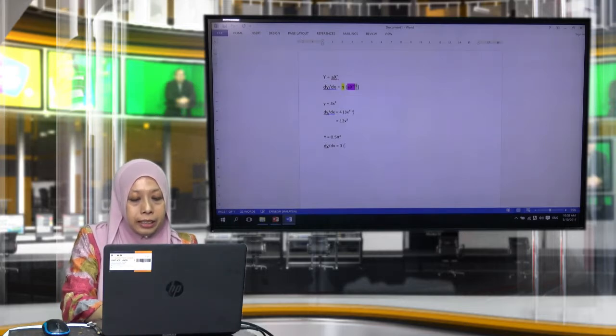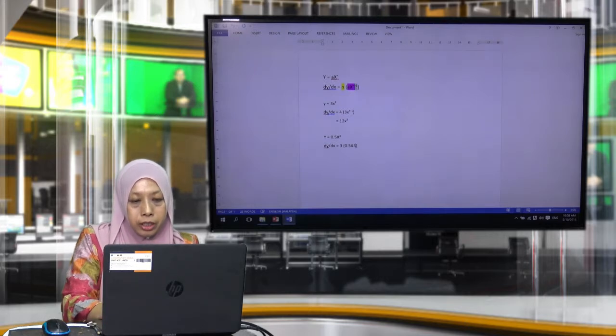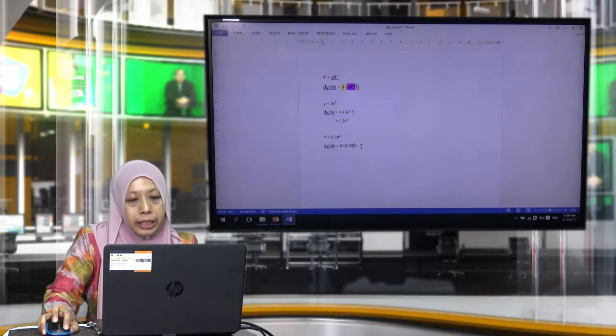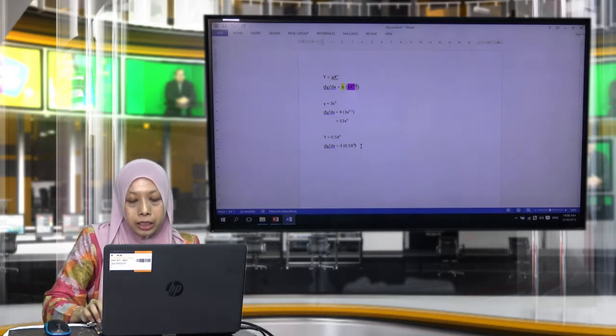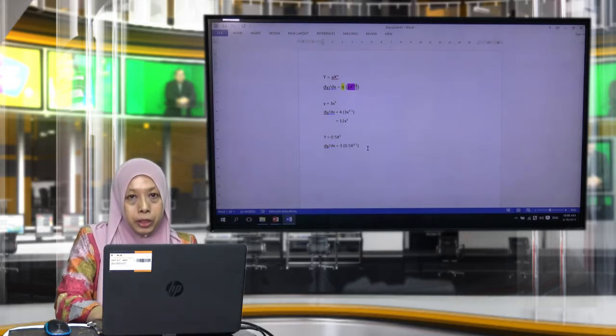Next step, you need to write down the original function, which is 0.5x to the power of 3. And the last step requires you to reduce the exponent by 1 unit, so simply minus 1 for the exponent.